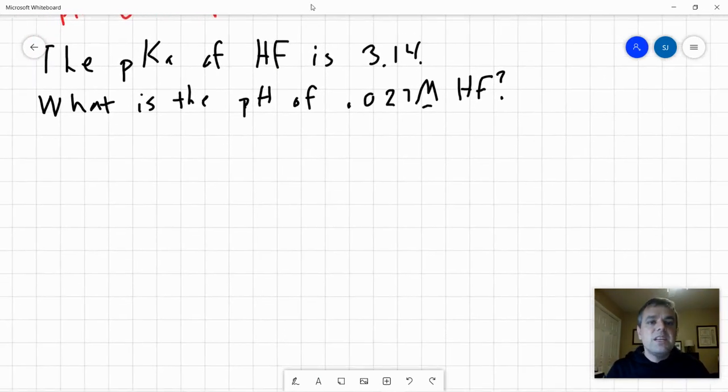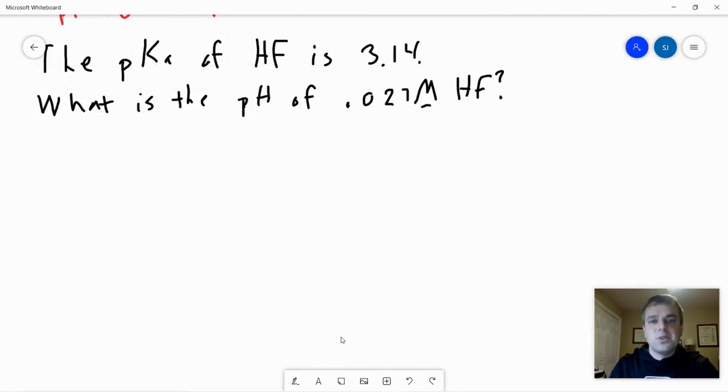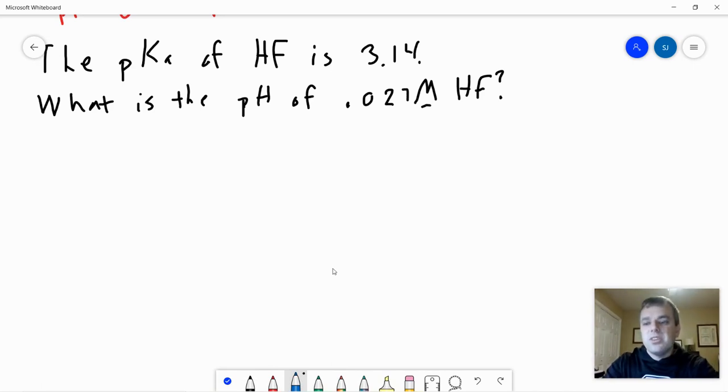So the pKa of hydrofluoric acid is 3.14. What is the pH of 0.027 molar hydrofluoric acid? So first of all, I need to point out what pKa is, because this is something that you will see fairly frequently. The pKa is the negative log of the Ka.